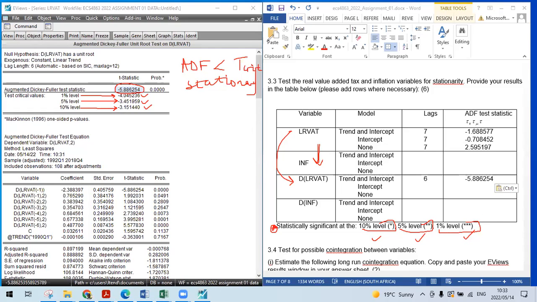I'm not starting from below there. I'm just starting from here. I want to compare my ADF with this one. I'm starting with 1%. The moment I compare -5 and -4 and see that -5 is less than this, I'll put 3 stars.